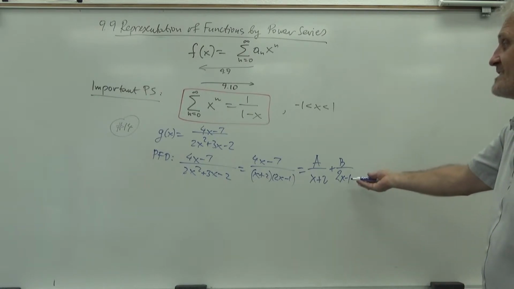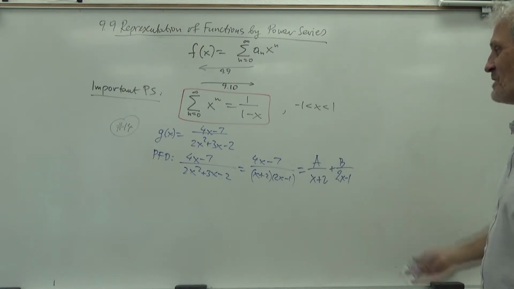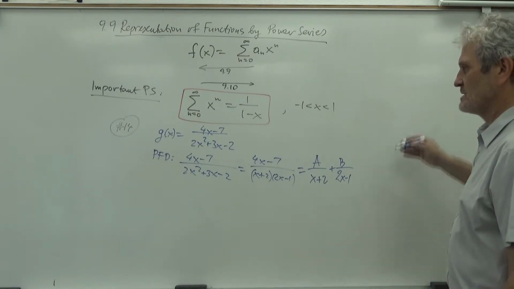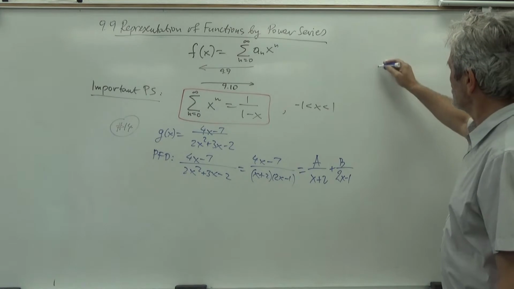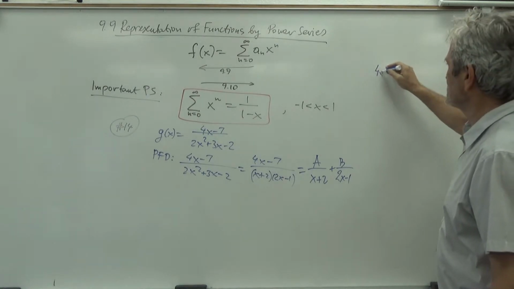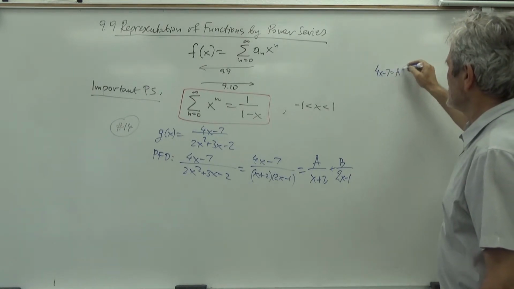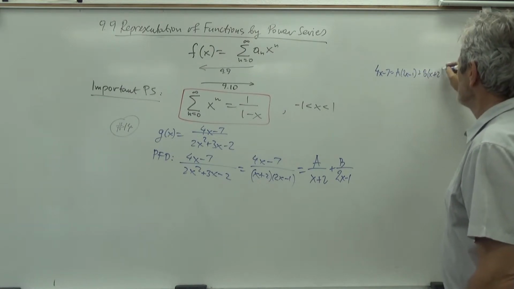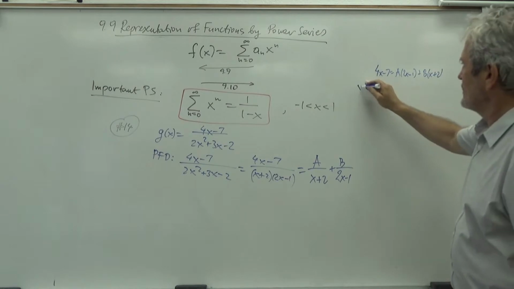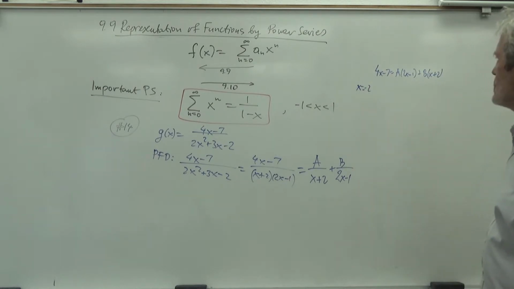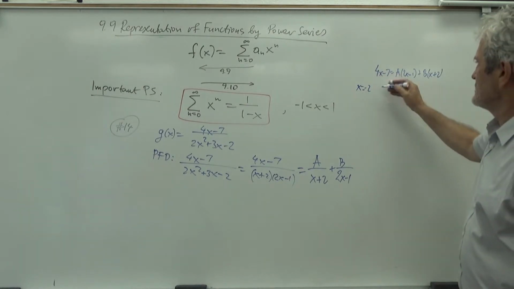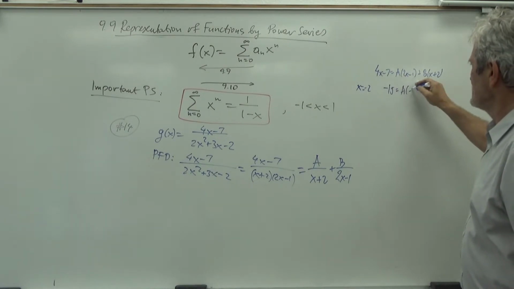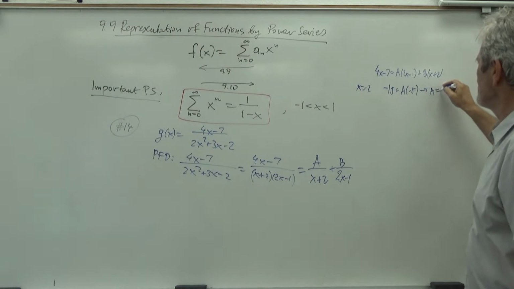Let's see how much a and b are. Although I can already do the development and just wait for a and b to be done. But it doesn't matter, so how do we get that? Let's recall, when I multiply by (x plus 2)(2x minus 1), we get the following: 4x minus 7 equals a times (2x minus 1) plus b times (x plus 2). If I plug in x equals negative 2, I get negative 15 equals a times negative 5, so a is 3.